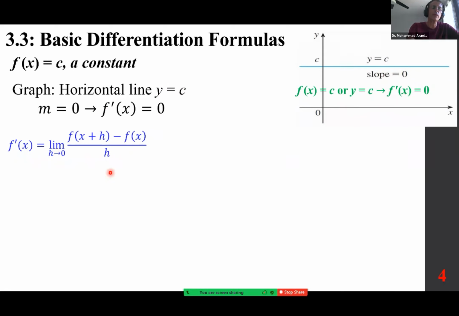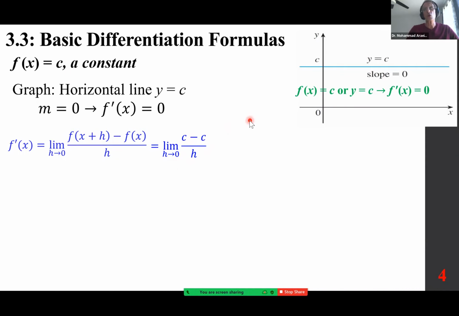If you want to go with the definition, we just plug in, and since f of x is independent of x, when you plug in x plus h, or anything else, it makes no difference, it gives you c back. So it becomes the limit of c minus c over h as h approaches 0.